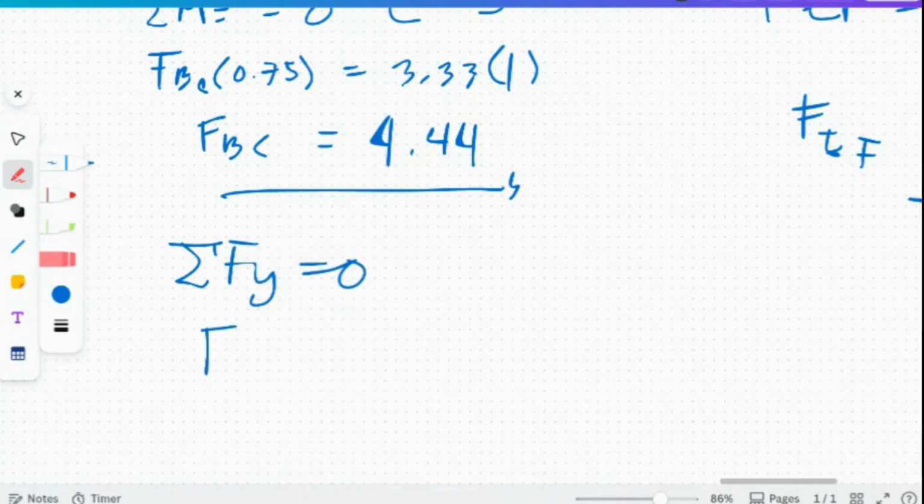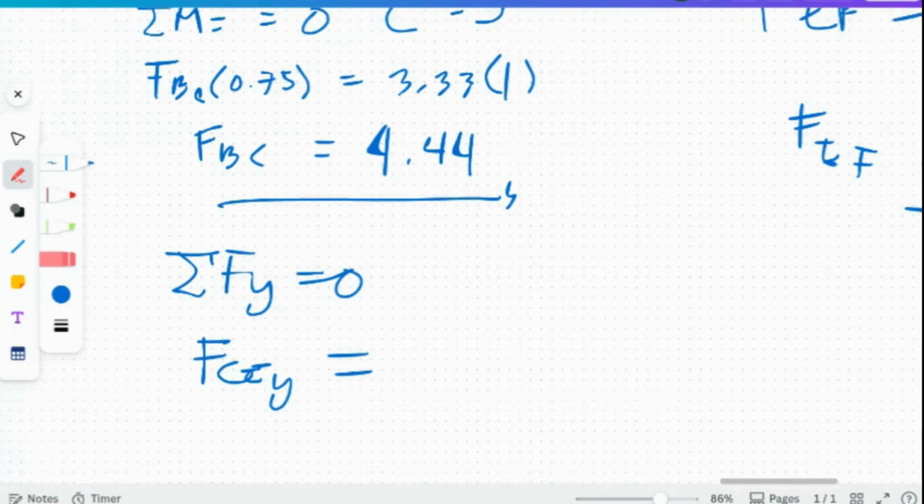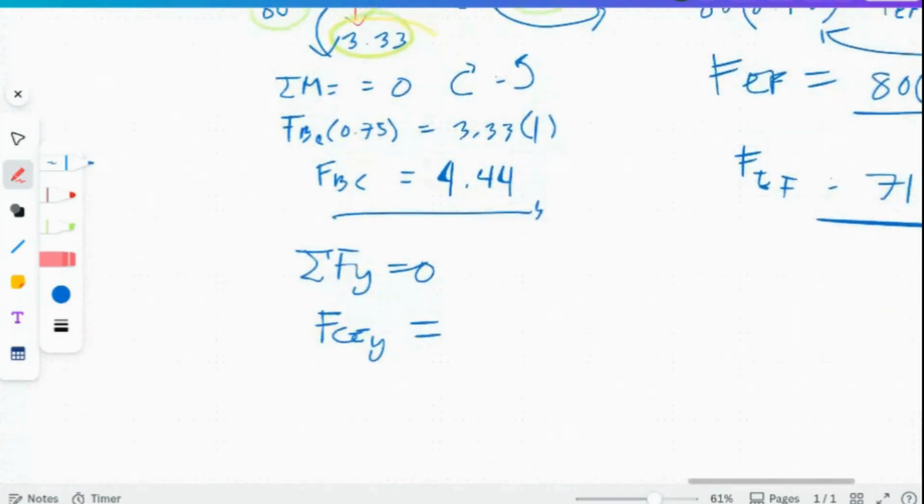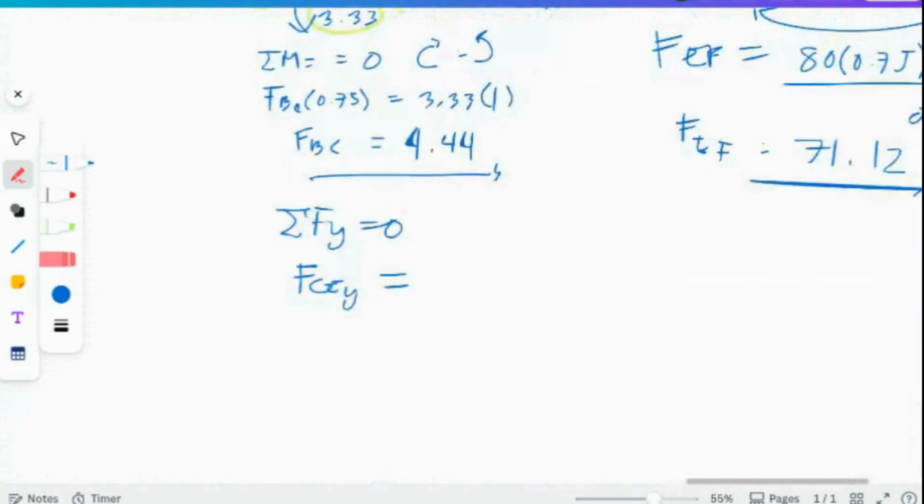So FCE y, going up, is equal to the force that's going down, 3.33.